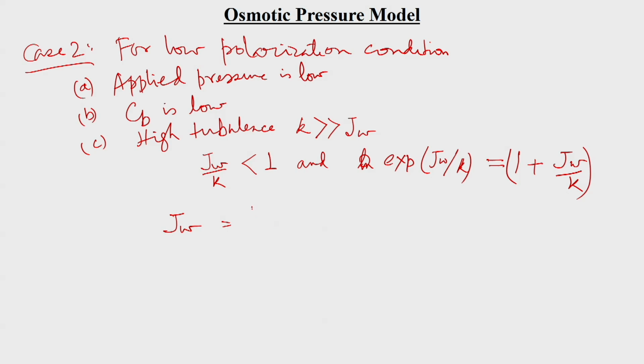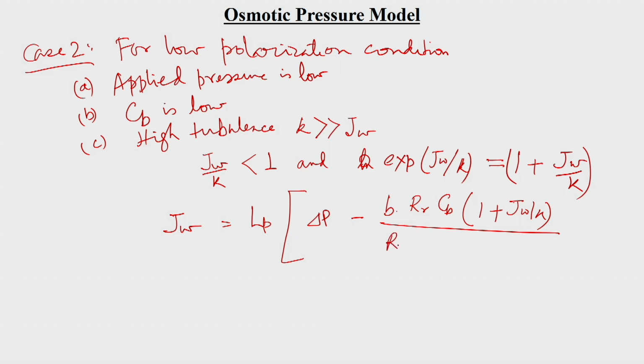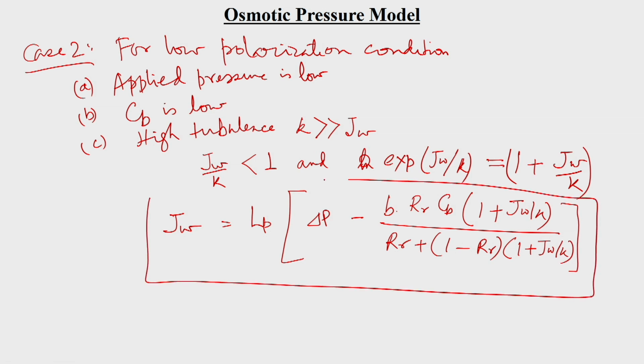So Jw will be equal to Lp into (del p minus the expression for del pi, B into Rr into Cb into exponential Jw by K), which we convert into 1 plus Jw by K, divided by Rr plus (1 minus Rr) into the exponential Jw by K, replaced by 1 plus Jw by K. This will be the expression for the permeate flux value.